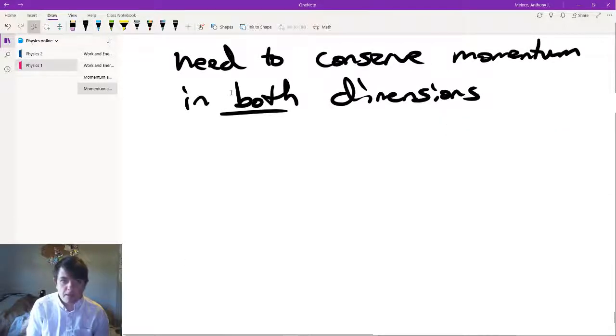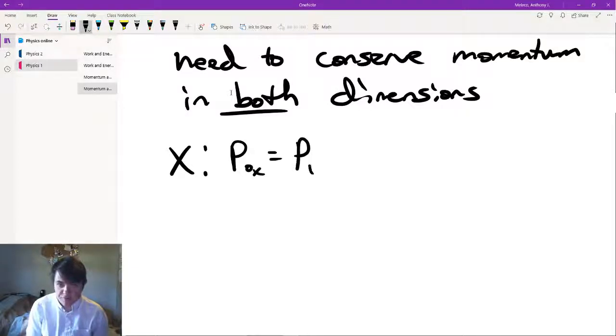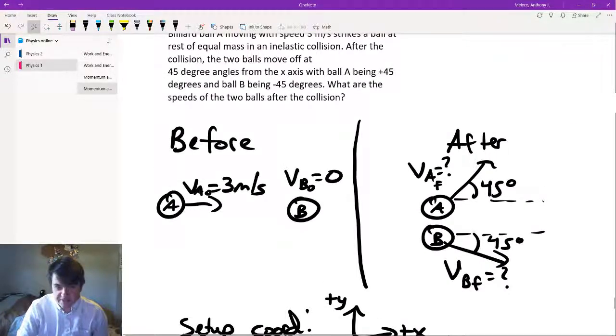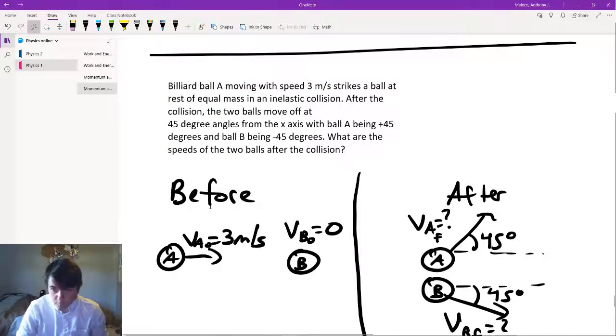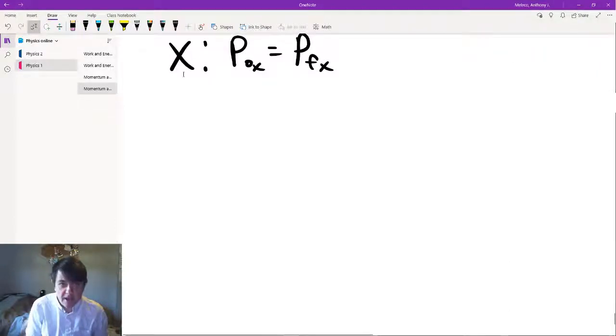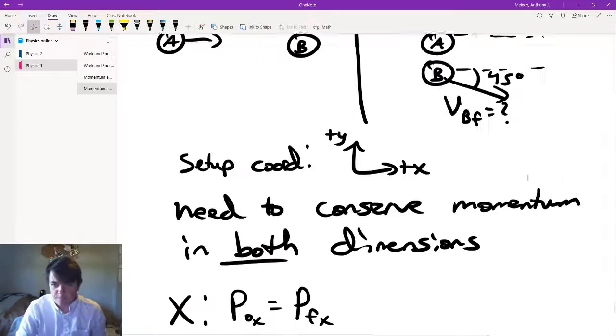So in the x direction, we have P initial in the x equals P final in the x. The initial in the x: A is moving along the x-axis, right? So it says 3 meters per second. So I'm going to say M VAO in the x direction plus 0, because the second ball wasn't moving, and this will equal P final.